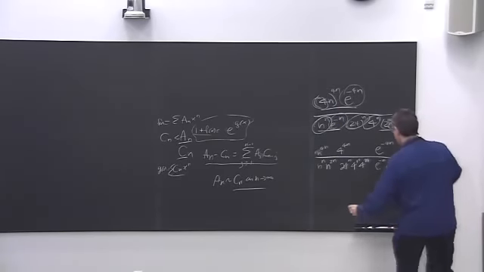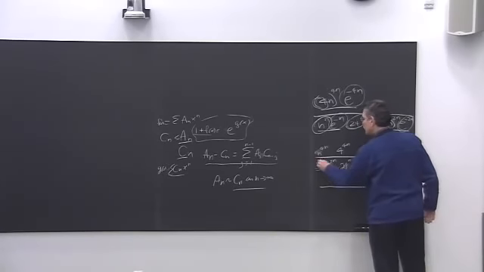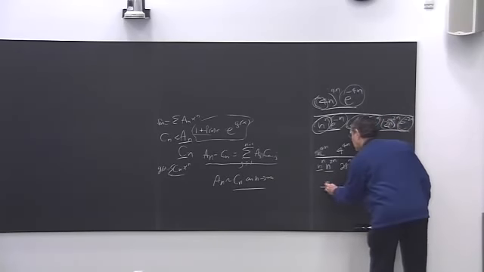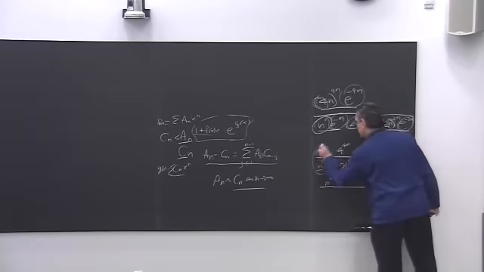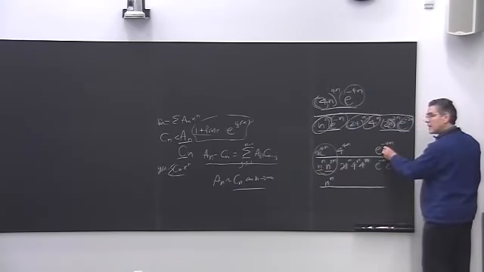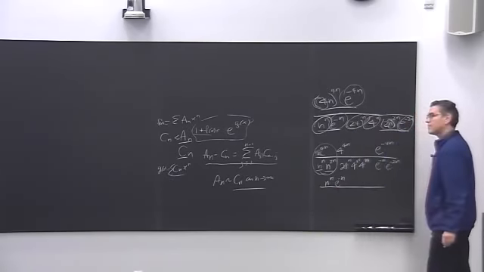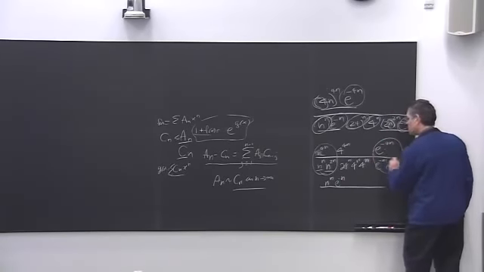So now let's simplify this. So altogether, we have n to the n, n to the 2n, n to the 4n. So we have overall n to the n. But what about the powers of e? E to the minus 4n, e to the minus n and 2n, that gives me e to the minus n. Okay? So that takes care of these numbers.